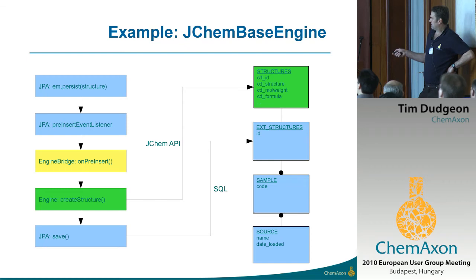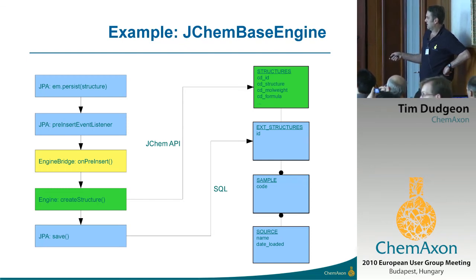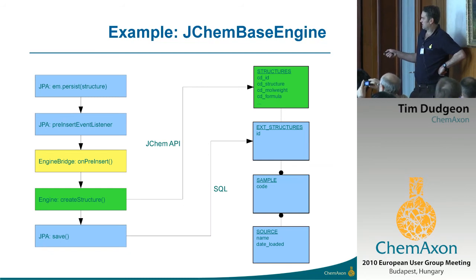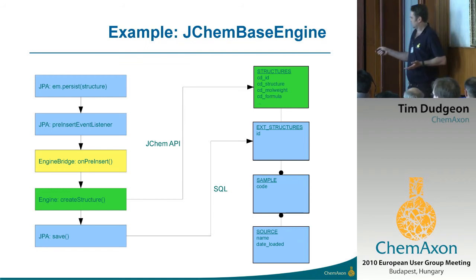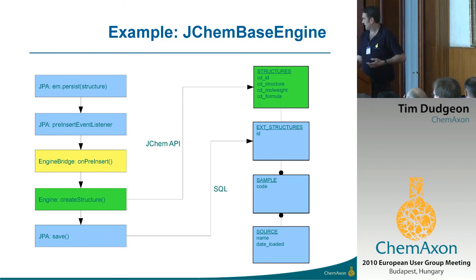That uses the JChem API to load into the JChem Base table, and then when that's all done, the entity manager continues as usual and saves the entity using the standard JPA approach into a different table, which has a one-to-one relationship between them.